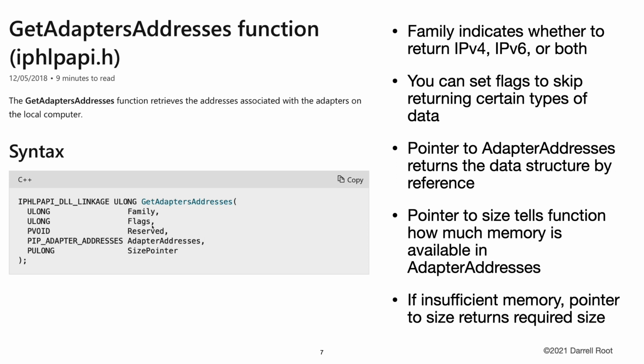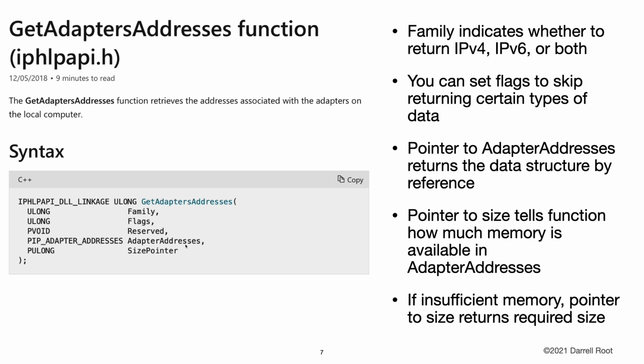For example, if you don't want multicast addresses, you can pass in a flag so that it does not give you any multicast addresses. You pass in a pointer to a pointer to memory that can be used for adapter addresses, and then the function will fill up that location.